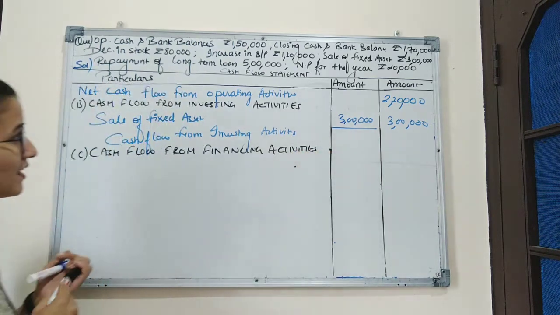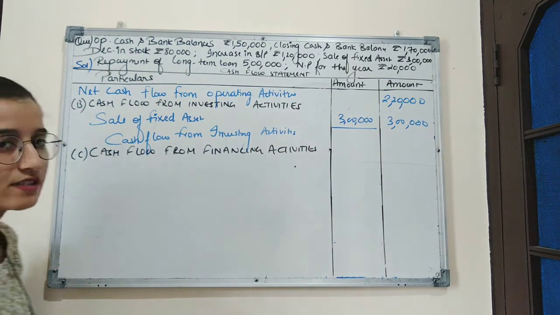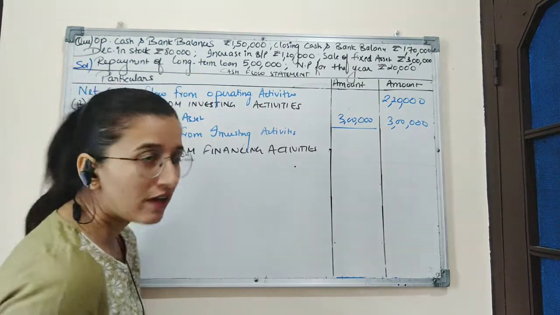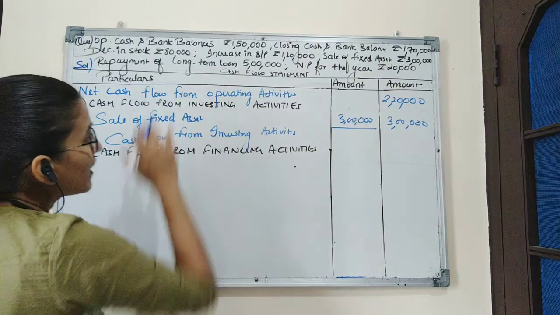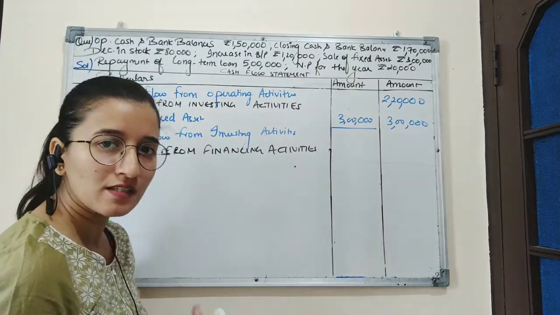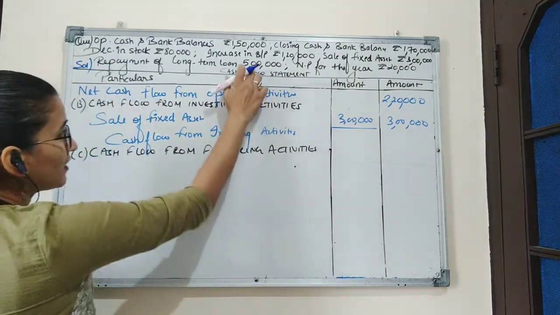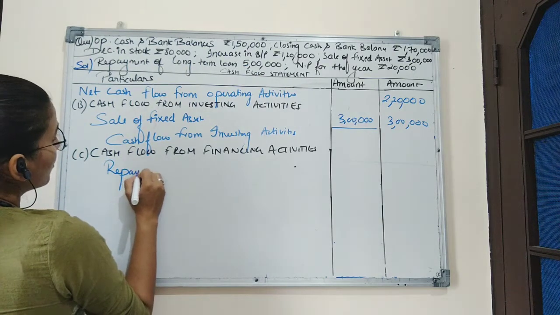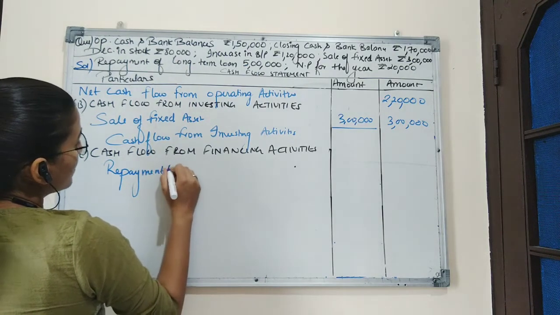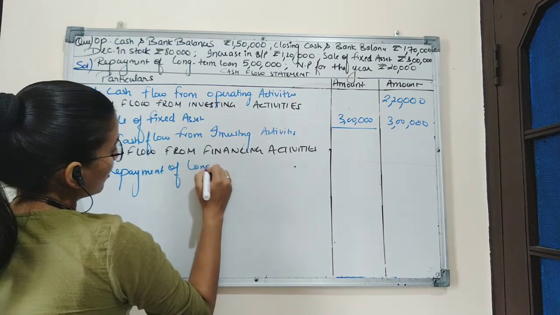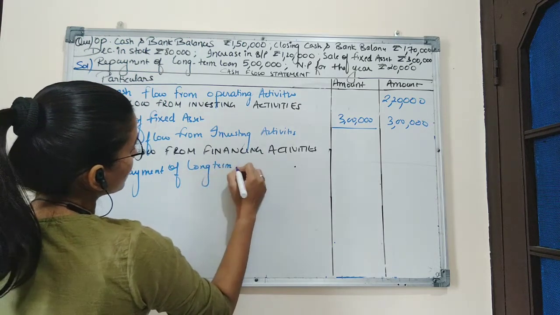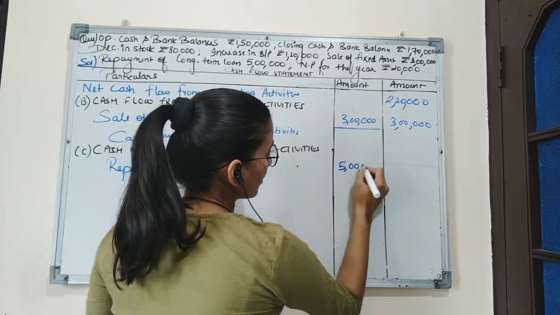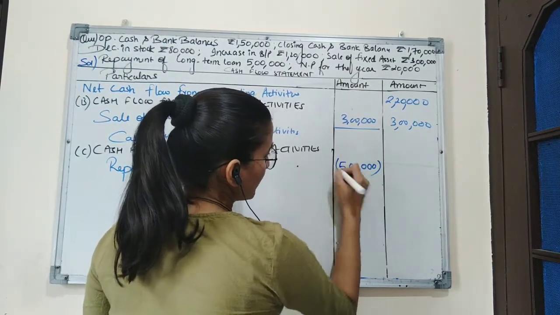So in financing activities, we will consider repayment of long-term loan rupees 5 lakh. So company is repaying the loan. Payment of loan means there is an outflow of cash. So we will deduct this amount: repayment of long-term loans, amount is 5 lakh rupees.